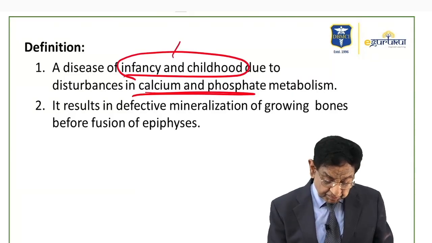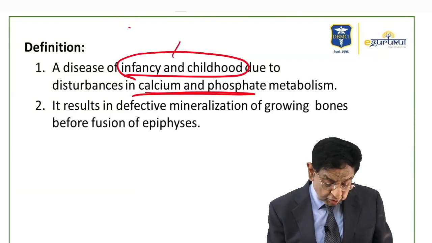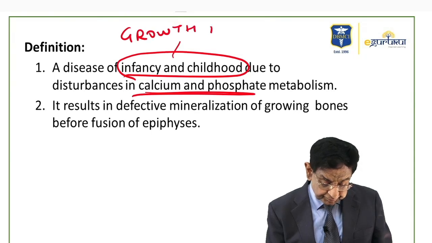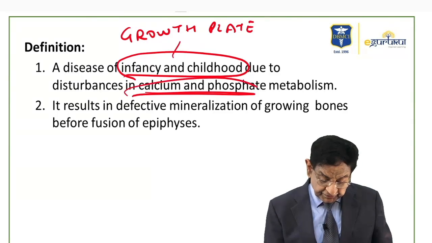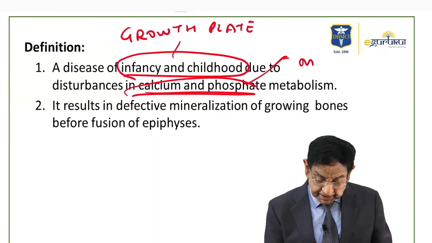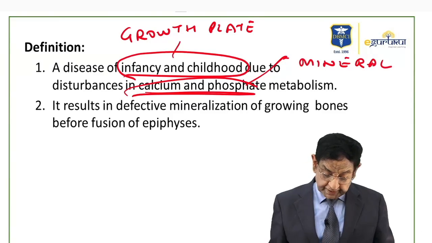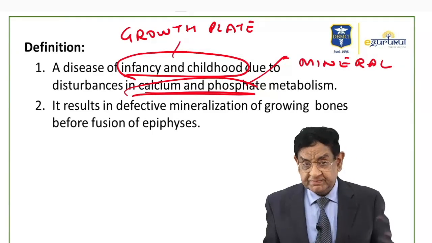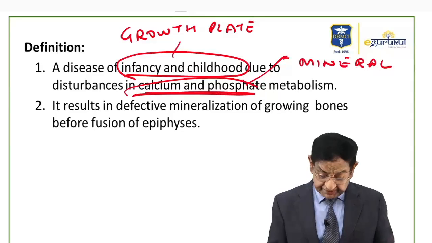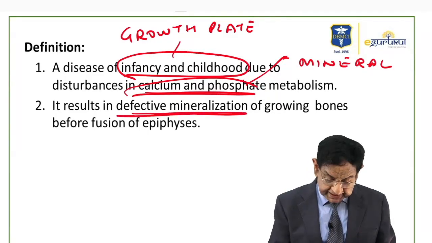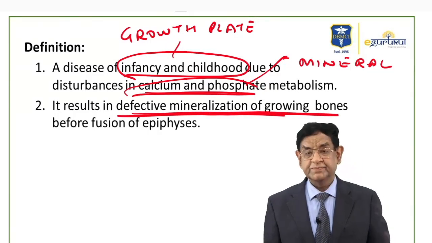So in children and infancy, the growth plate is there, and calcium and phosphate are needed. They are the main minerals of the bone. So if the calcium and phosphate are not there, it's a defective mineralization of the growing bone.